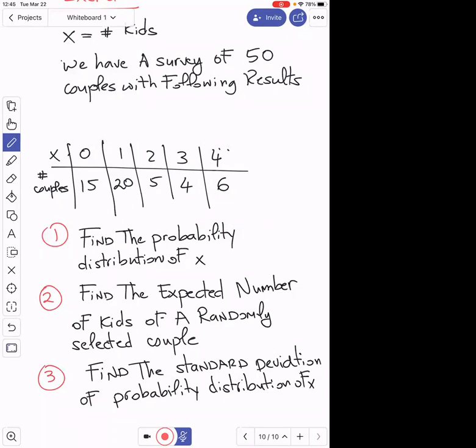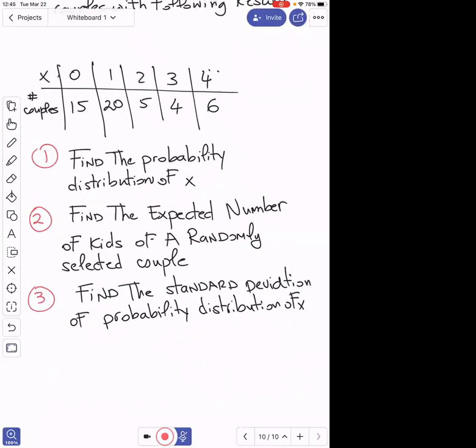Let me just say, guys, I'm going to give you just the answer for number 2. If you want to check if your answer is correct, the answer for number 2 should be X bar, the mean, equal to 1.32.